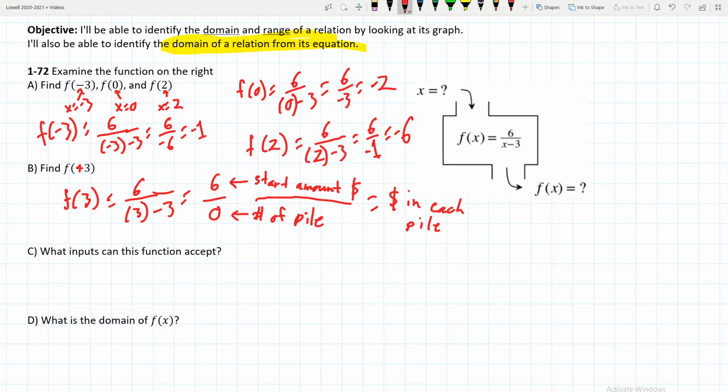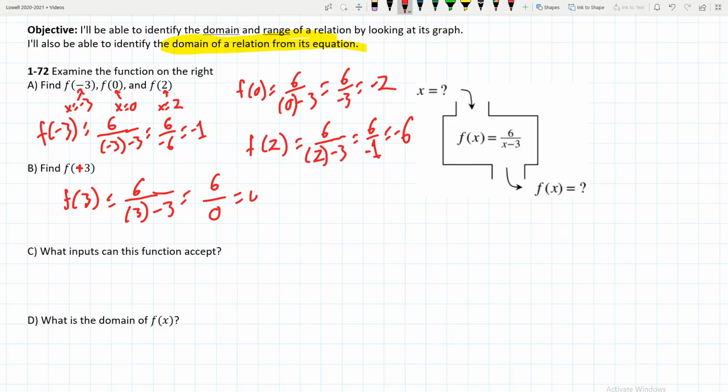I don't know how much money is in the pile because there is no pile. And so when we run into this kind of philosophical dilemma, this is where we call it undefined. There is really no answer, or you could call it a case of no solution. You call it undefined.